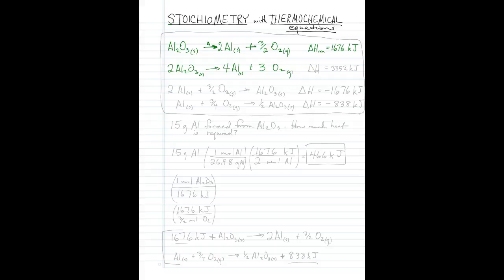But since I have 2 moles now, I would have to double the delta H. The delta H times 2 is 3352 kilojoules. Because we have twice as much, it'll take twice as much energy to form it, right? Or to break it up. In this case, we're breaking it up.